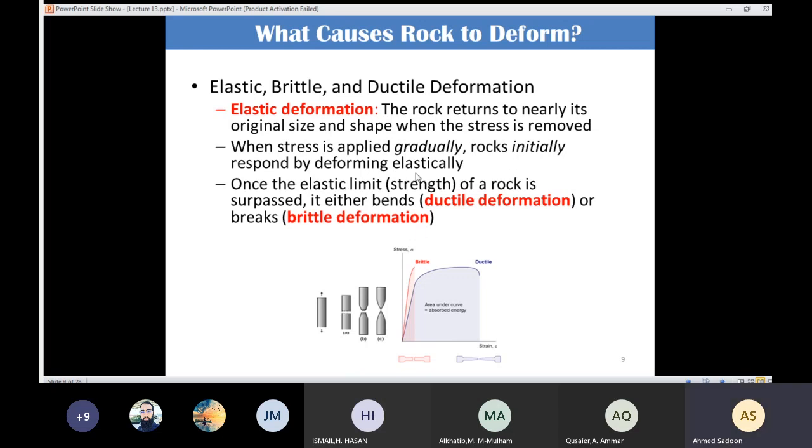So once the elastic limit strength of the rock is surpassed, it either bends, which means ductile deformation, or breaks like the brittle deformation. Breaks like this one, or bends like that one, showing necking. So after the elastic limit, we have either ductile deformation or brittle deformation.